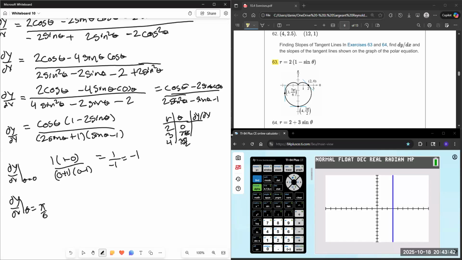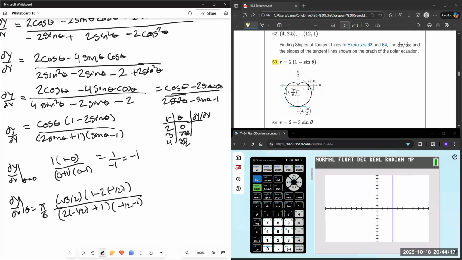So cosine of 7 pi over 6 is negative root 3 over 2. One minus 2 times a negative 1/2 over 2 times a negative 1/2 plus 1 and negative 1/2 minus 1.